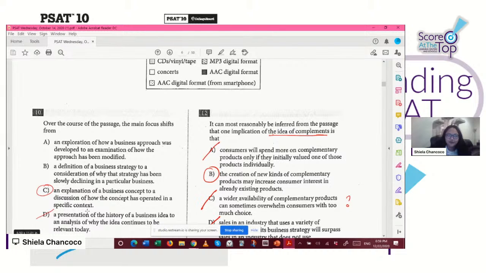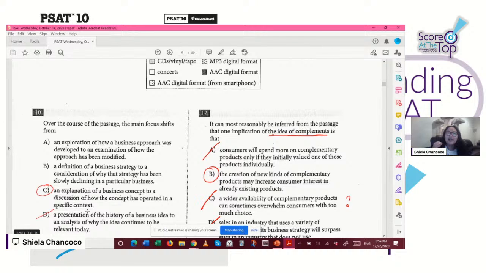Exactly what I just told you, but in a more SAT-like answer, right? It's an explanation of a business concept, economics, and then operated in a specific context, how it related to CDs and concerts.